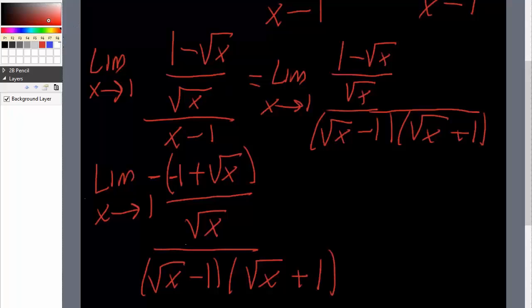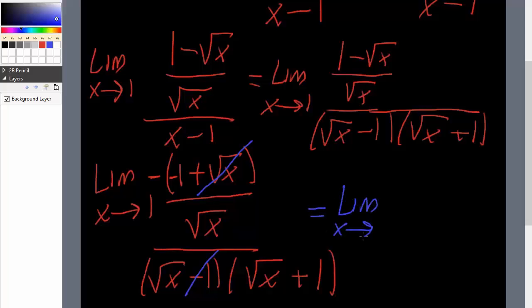And now if you notice, this and this are equivalent, so we can therefore cancel. And we will be left with the limit as x approaches 1 of negative 1 divided by square root of x, all over the square root of x plus 1.